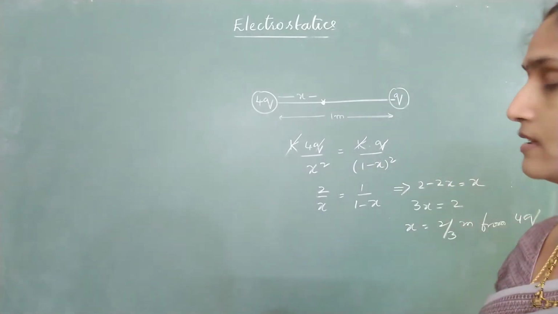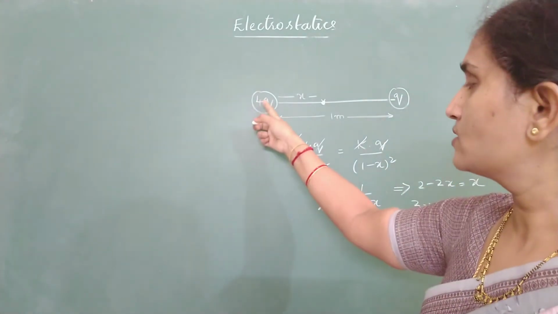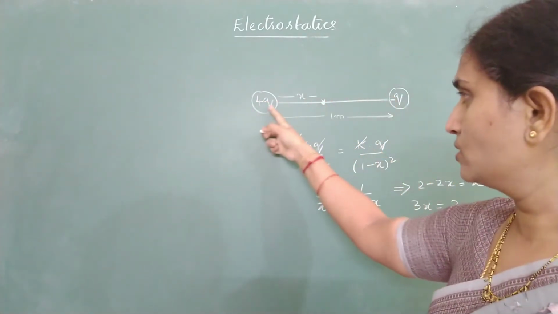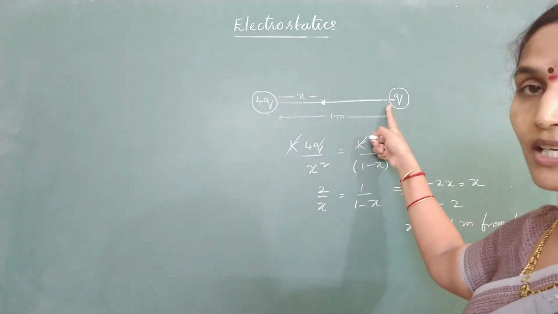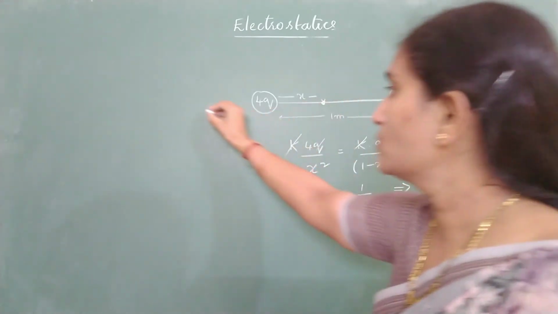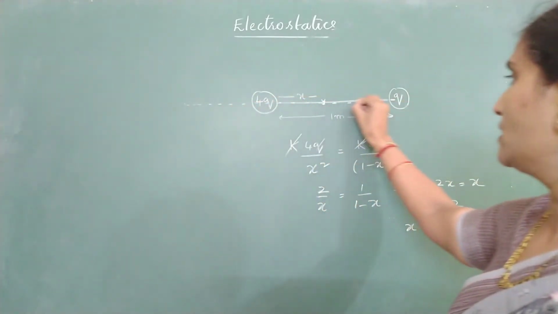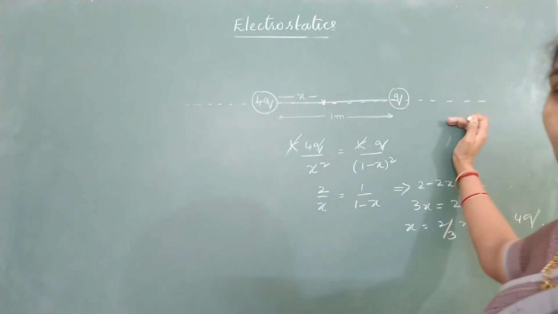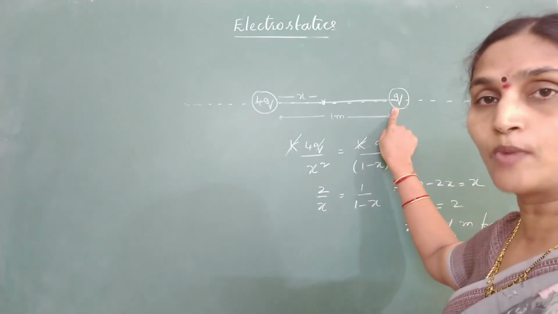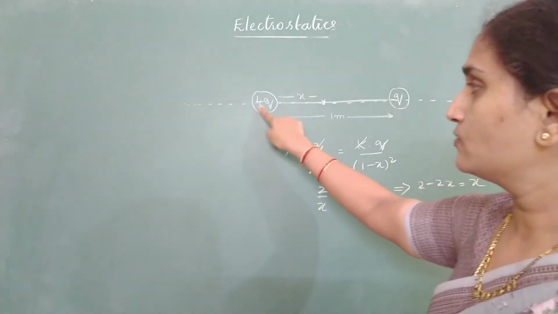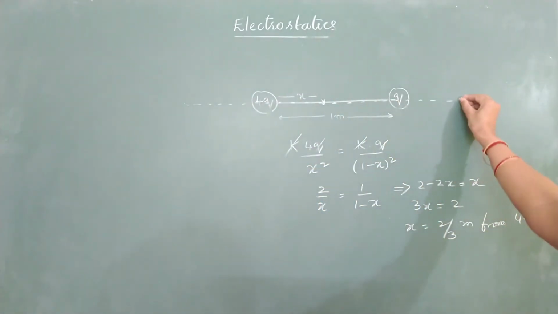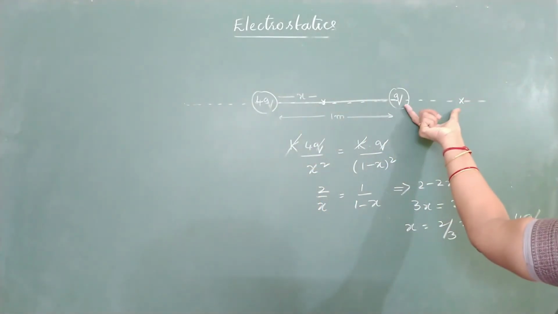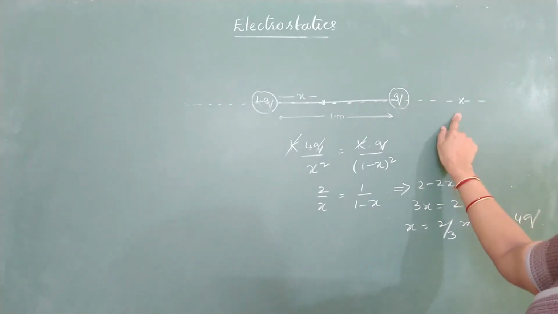If one of them is negative, then definitely there is no point in between these two charges where the field is 0, because field lines exist from positive to negative. Then I told you to select a point outside the system closer to the smaller magnitude of charge. 4q is more in magnitude when compared to q, so you have to select a point close to the smaller magnitude of charge.